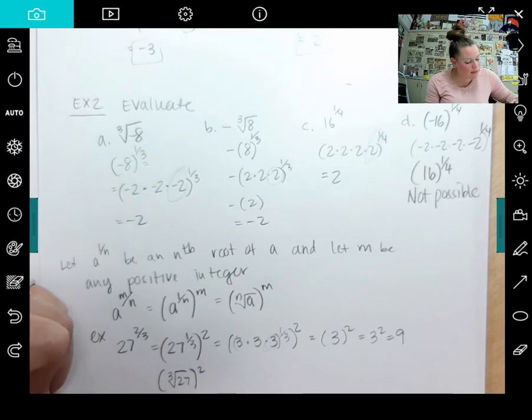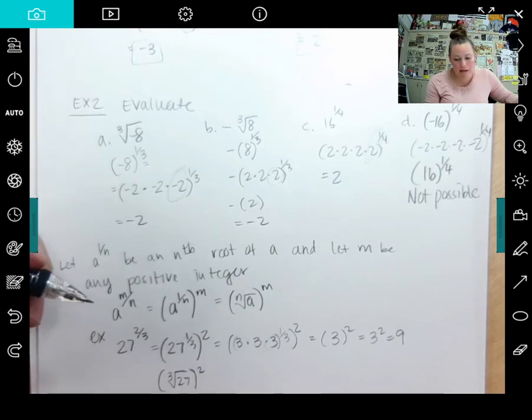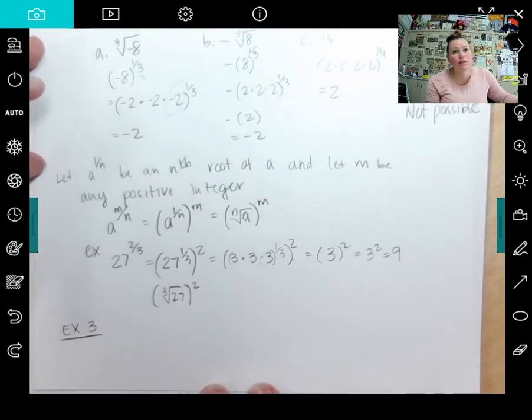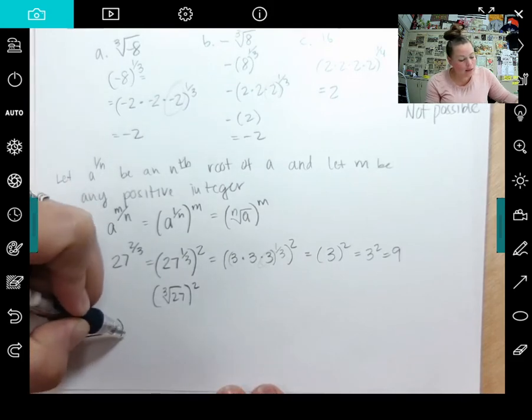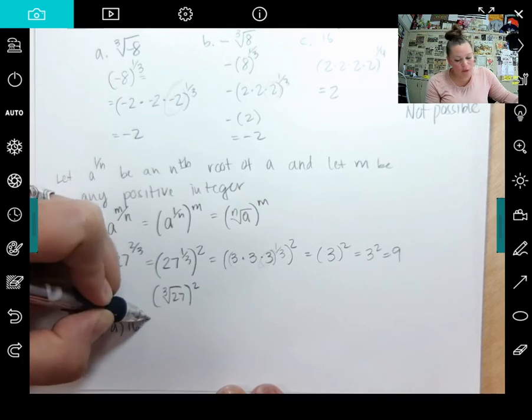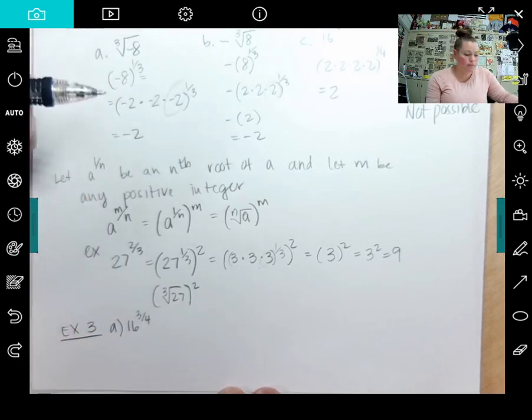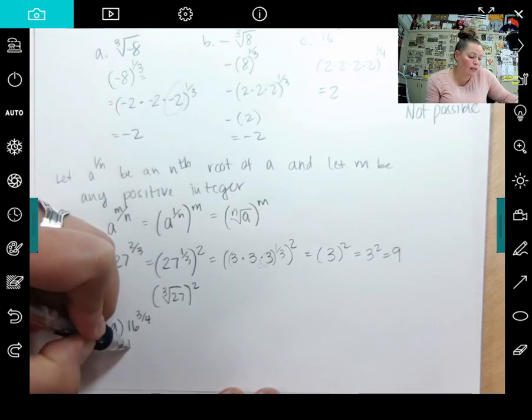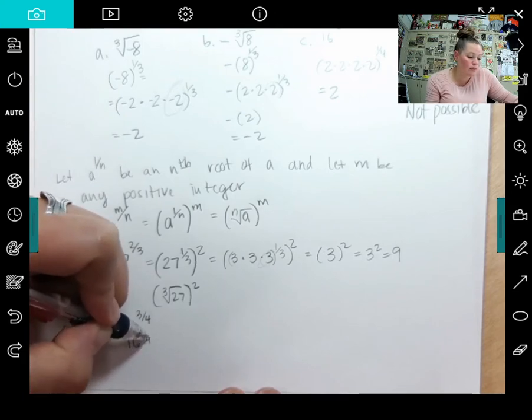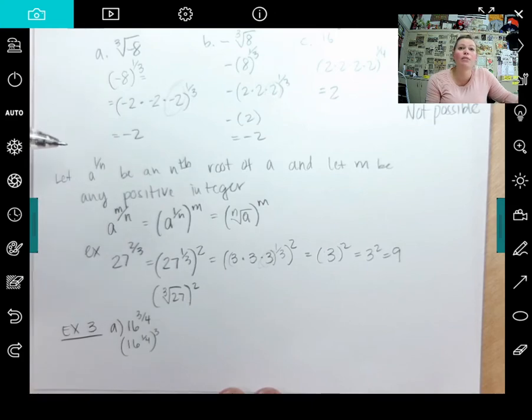So the last example, example 3, we have 2 problems that we are going to do. So A is 16 to the 3/4. So 16 to the 3/4, if we break it down, we have 16 to the 1/4, and then that's to the 3rd power.